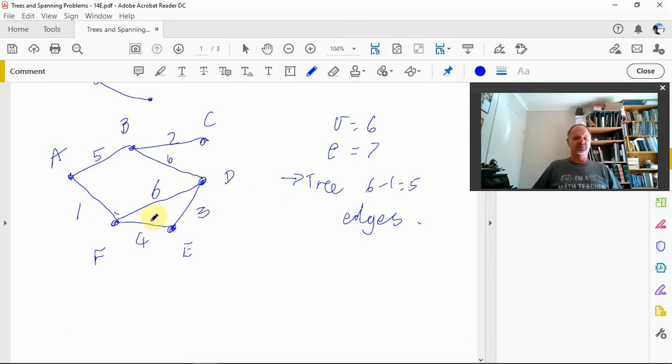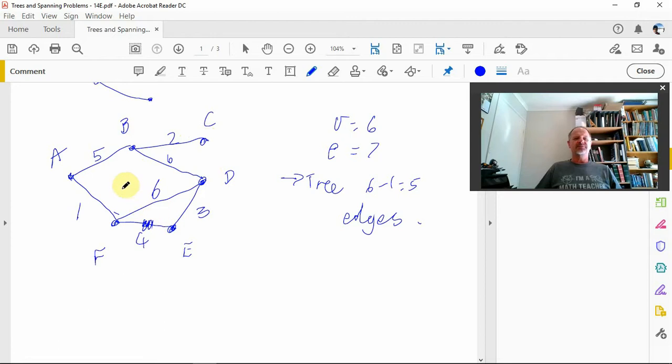So I'll remove different ones than in the notes. I'm removing that one, and when I said it doesn't matter which ones you remove, this one here you can't remove, because it's the only connection between B and C. If you remove that one, then you can't get to C. So I should have qualified that.